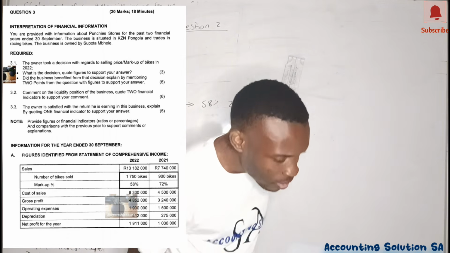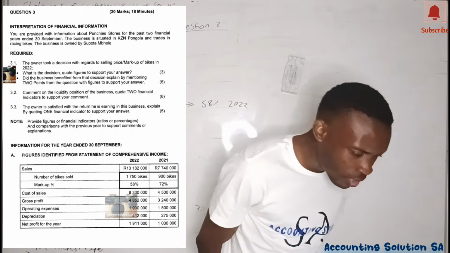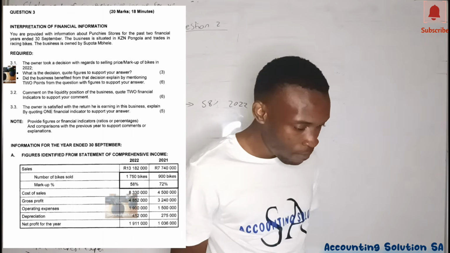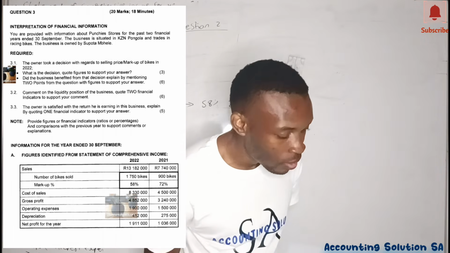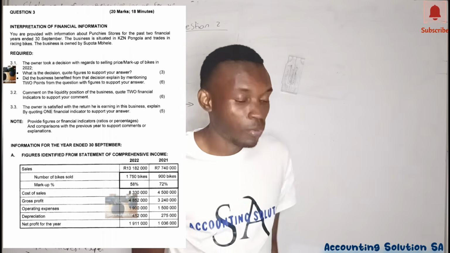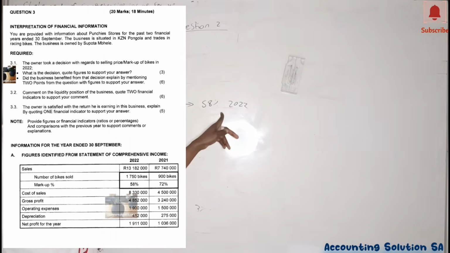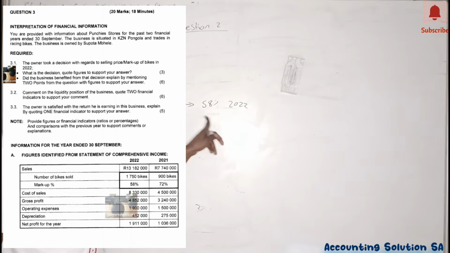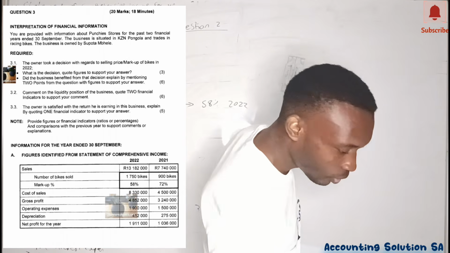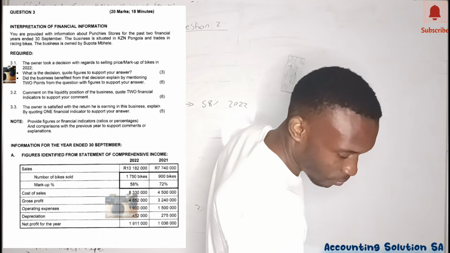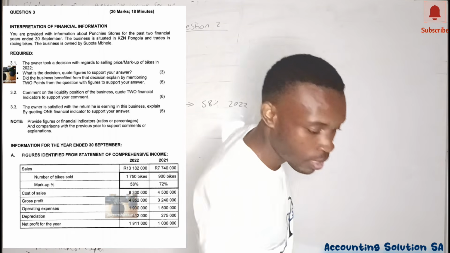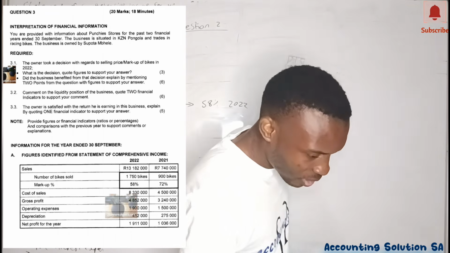Did the business benefit from that decision? Explain by mentioning 2 points from the question with the figure to support your answer. If you check, they reduced what? A markup, the value of profit. Now we want to see if they benefited by reducing the price. How are we going to check that?